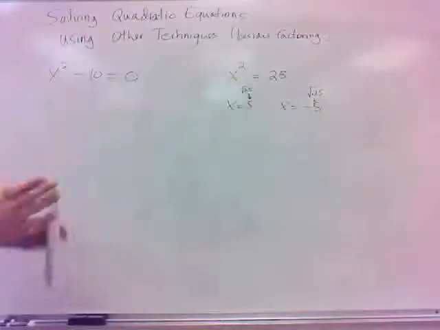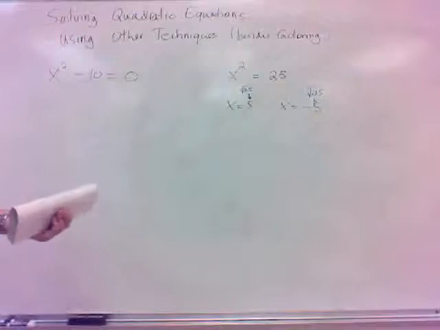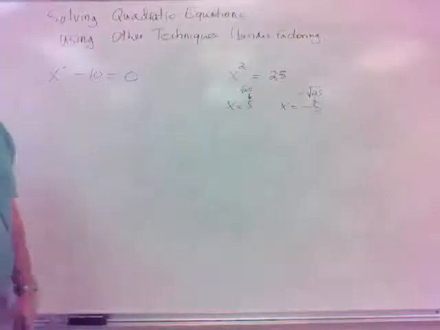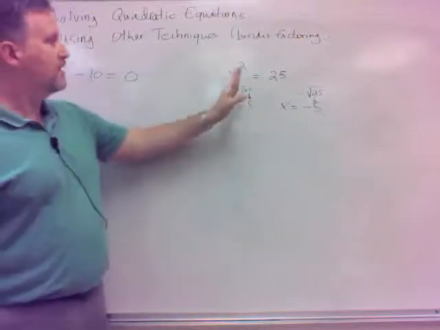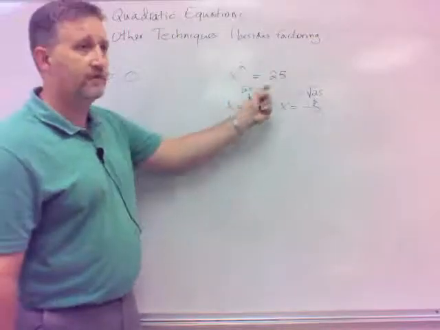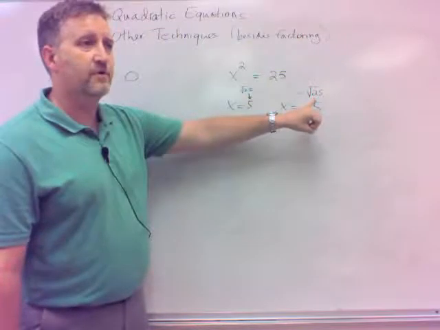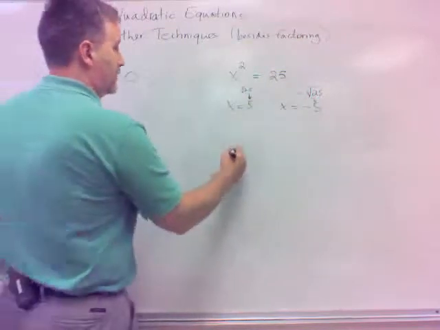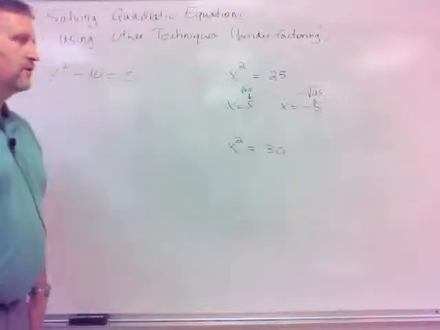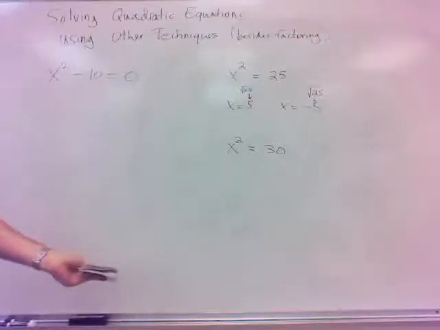We didn't exactly go through it in a direct manner there, but that's what these are. So if I can get it to look something like this, then there are two answers. One of them is the square root of that, the other is the negative square root of that. So if I had x squared equals 30, what would the two answers be?